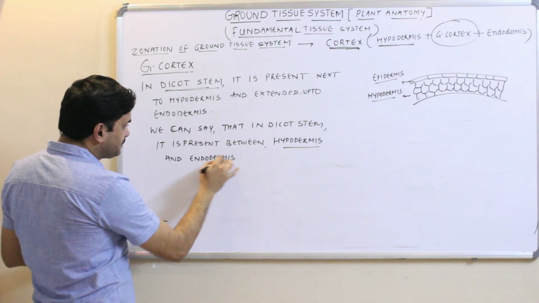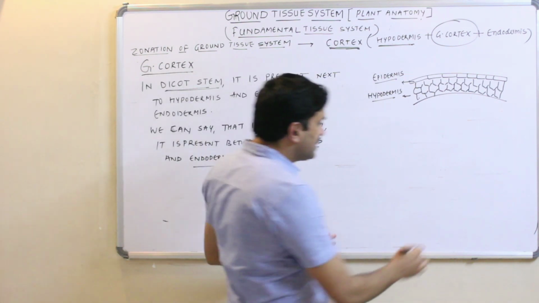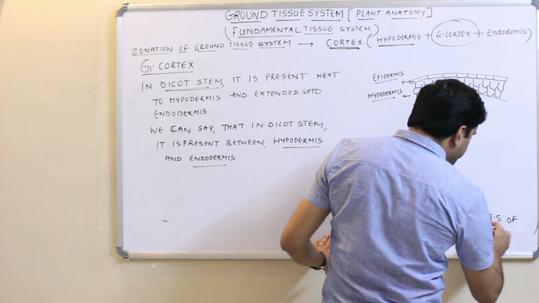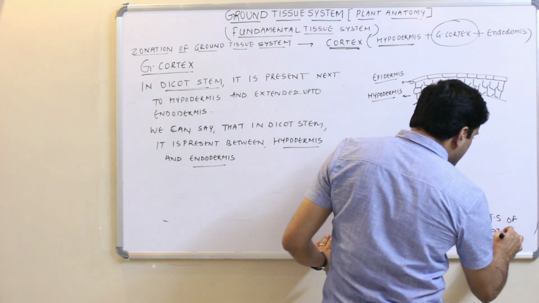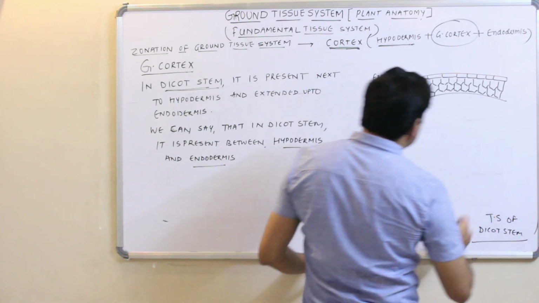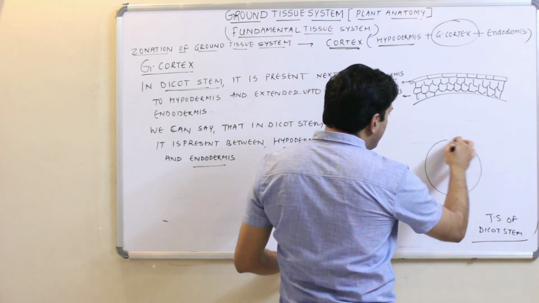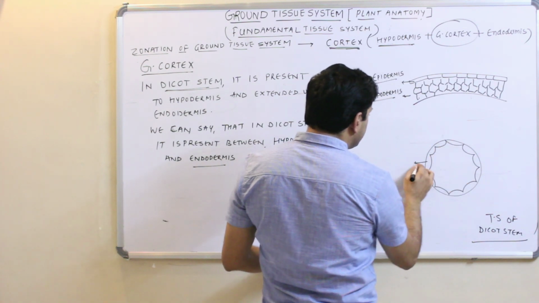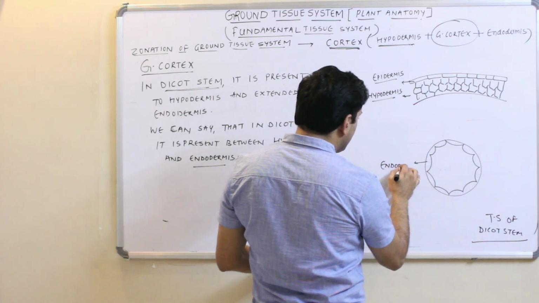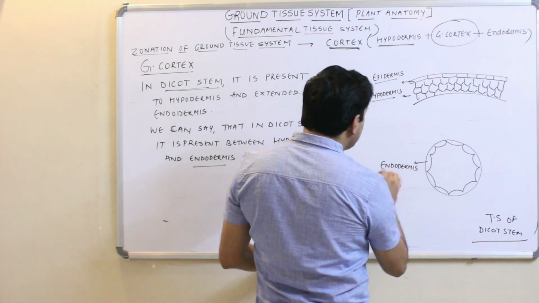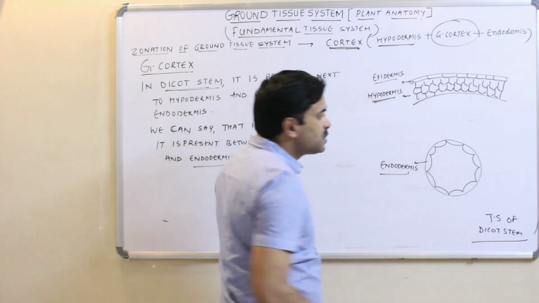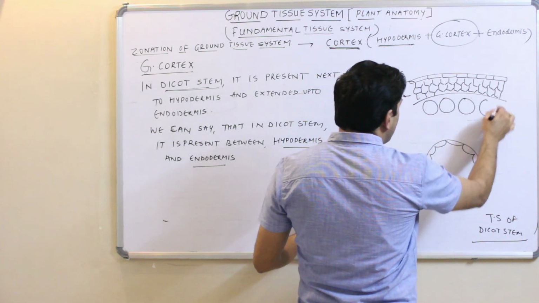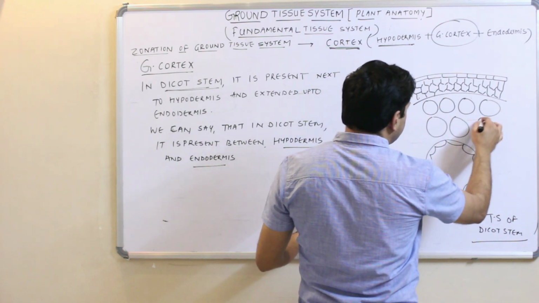Say for this is the T.S. of dicot stem. So this is the endodermis, and this is the hypodermis. So where is general cortex present? General cortex is present here.